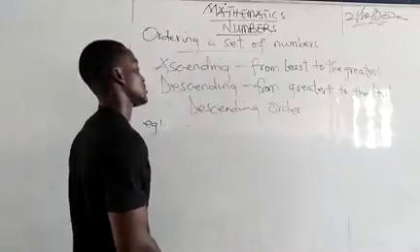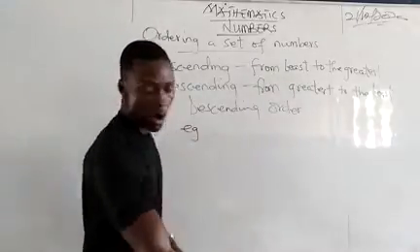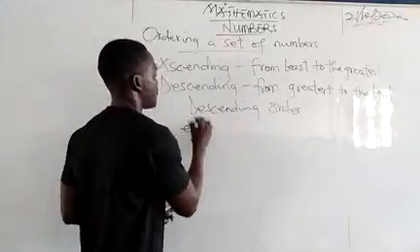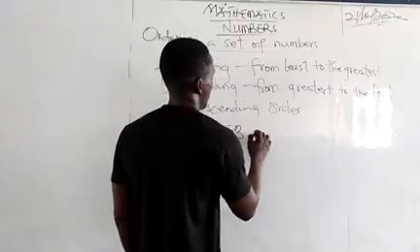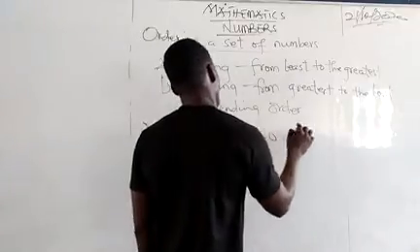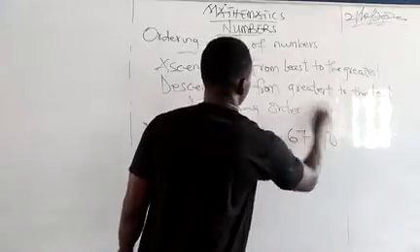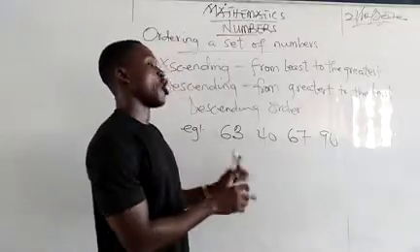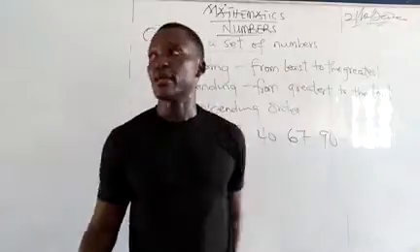So let's look at some examples under descending order. When we have 63, 40, 67, and 90, we are going to order these figures from the greater to the least.